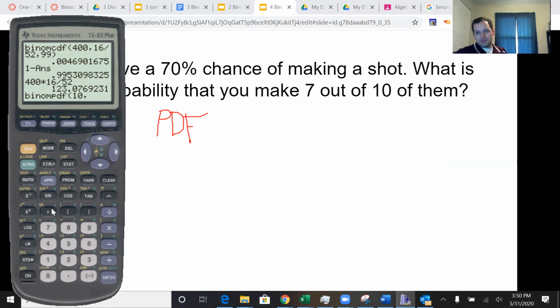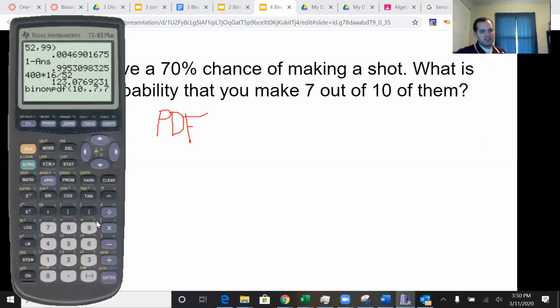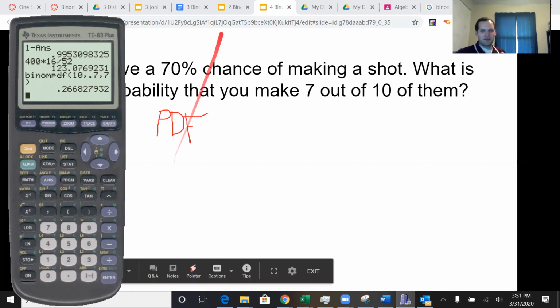What is the probability of making each shot? 0.7. And what is the number of shots we want to make? We want to make 7 shots exactly. Okay, that's how I'm going to plug into the calculator. Now let's look. What is the probability of making exactly 7 shots? 27%. 26.7%. Okay.